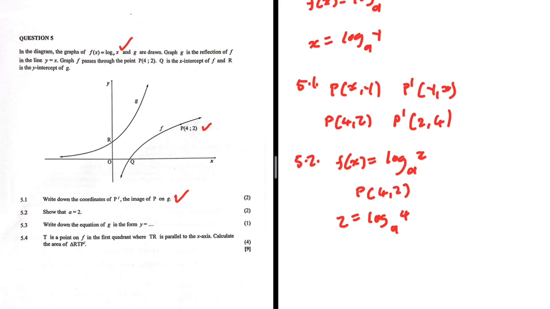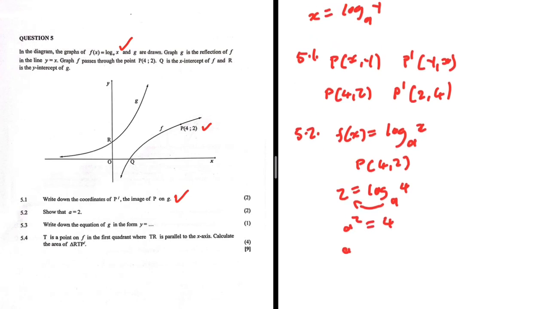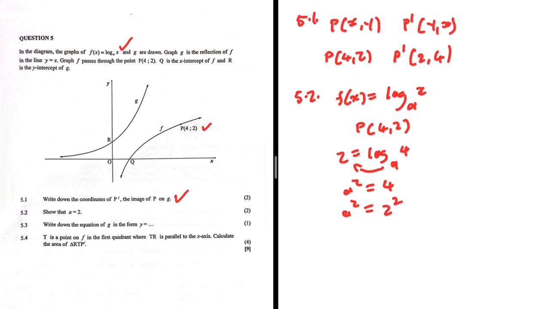If we apply a log law, we're going to have a to the power 2 being equal to 4. We can always do that when we have log. And then a to the power 2 will be equal to 2 to the power 2. We drop the exponents, a is equal to 2. So there we go. We have shown fully well that a is equal to 2.